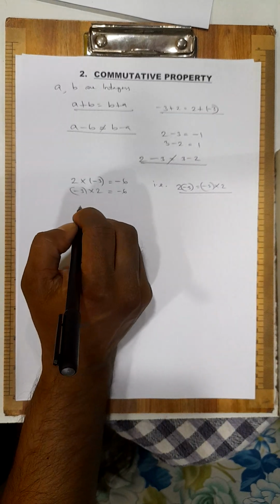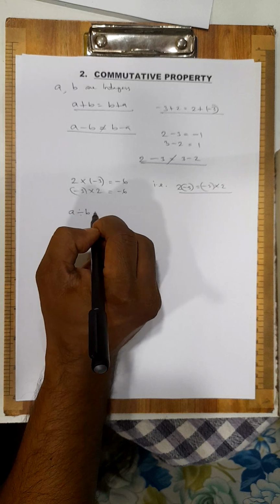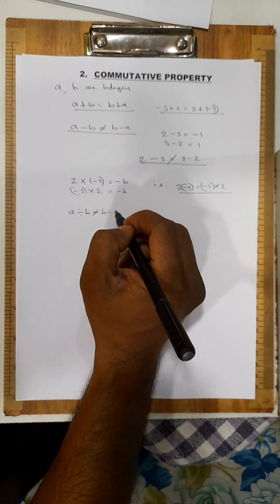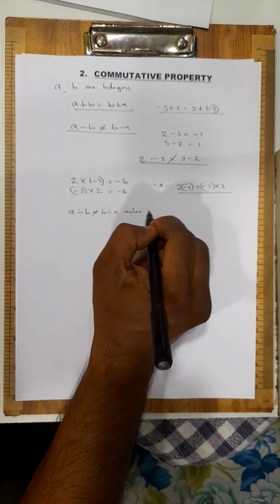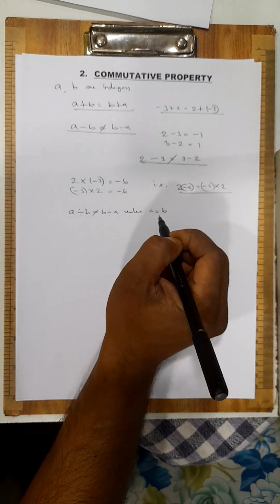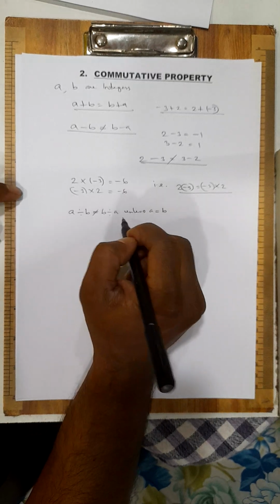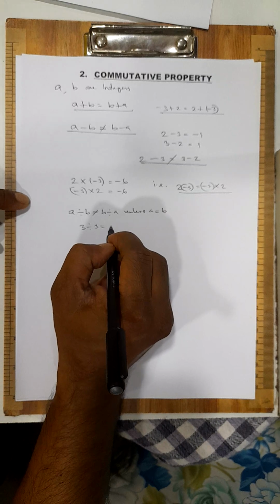Now let us come to the operation of division. a divided by b not equal to b divided by a. It is not true always, unless a equal to b. When a equal to b, then it is true. 3 divided by 3 equal to 1.